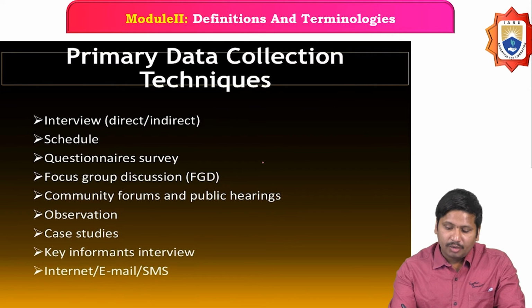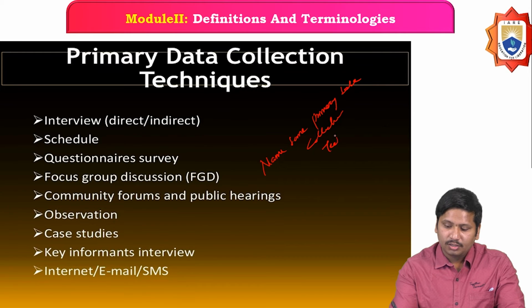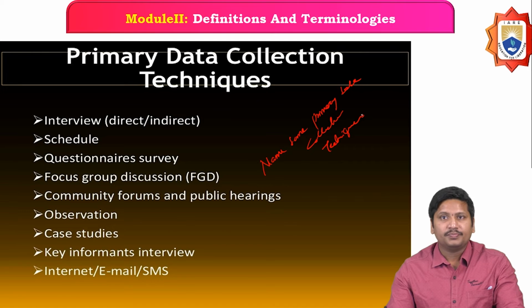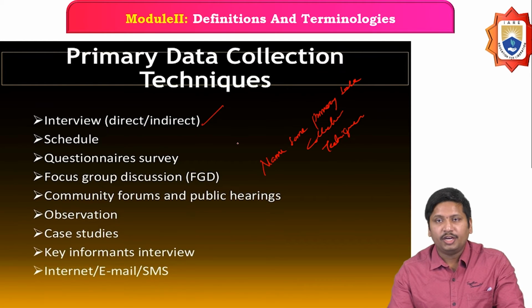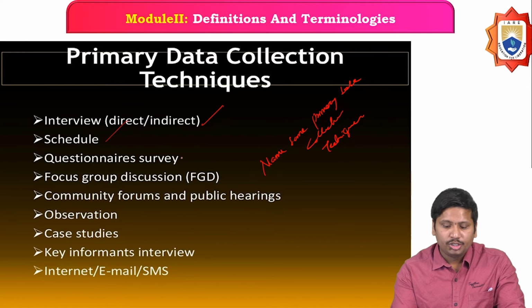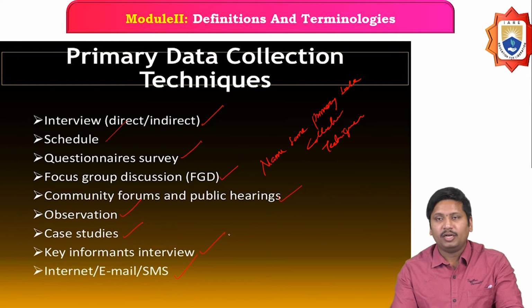The next question that may come is: name some primary data collection techniques. For that we have interview, which may be direct or indirect, schedule, questionnaire survey, focus group discussion, community forums and public hearings, observation, case studies, key information interview, and internet, email, and SMS.